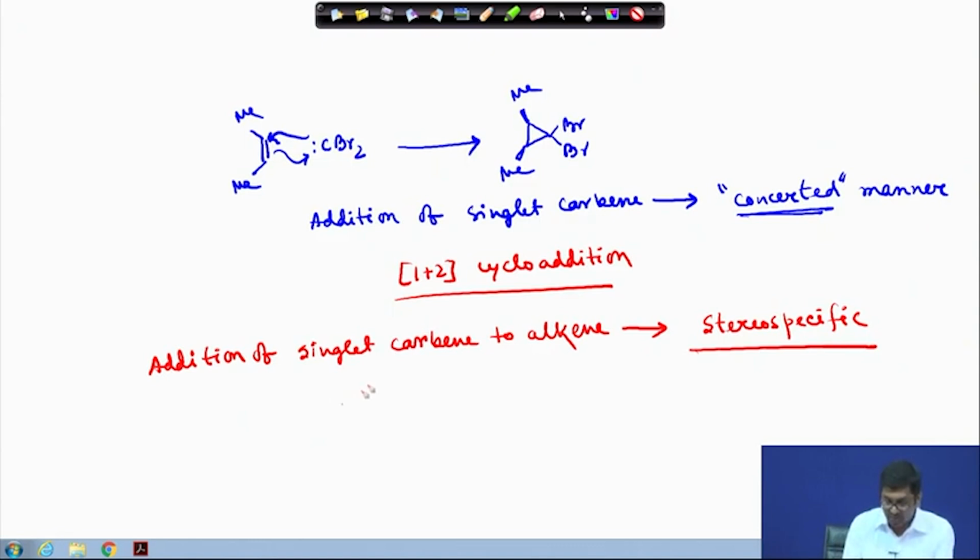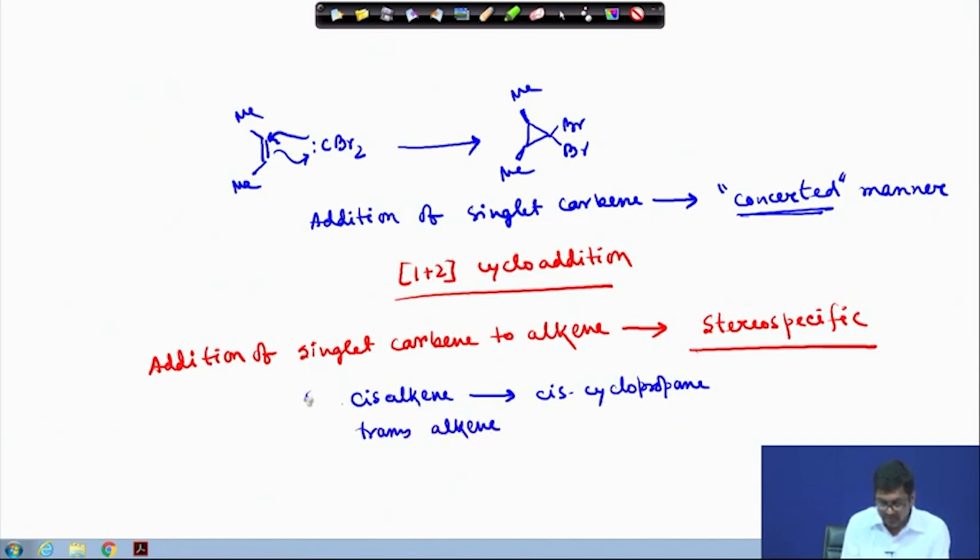Okay. So, we can write from there that the cis alkene will give this cis cyclopropane, whereas this trans alkene, here you can write Z and E, Z means Zusammen and E means Entgegen, gives the trans cyclopropane.